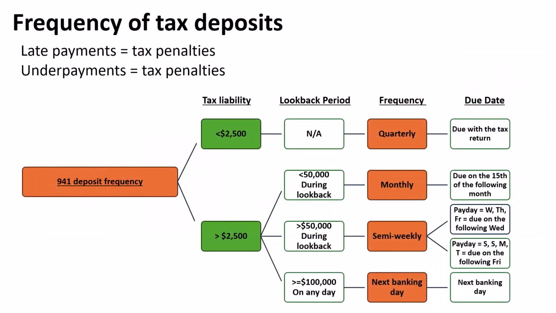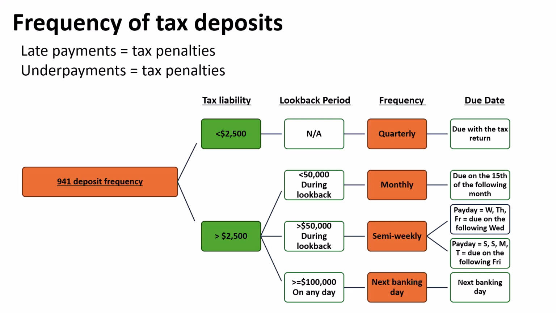Once payroll taxes are calculated, employers must deposit those taxes with the IRS. These deposits include federal income tax withheld from employees and both the employee and employer portions of Social Security and Medicare. The important thing to remember is that you absolutely must pay the taxes by the due date.